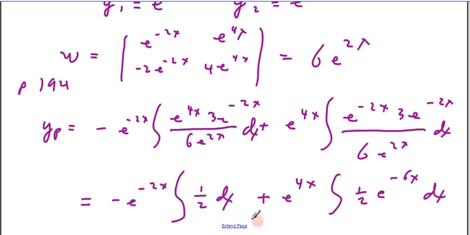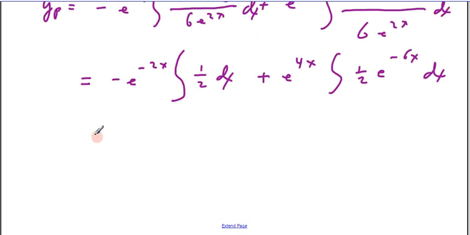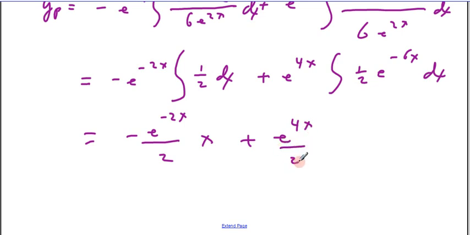Right? So I end up with minus e to the minus 2x divided by 2x plus e to the 4x over 2, e to the minus 6x over minus 6, plus some constant c.